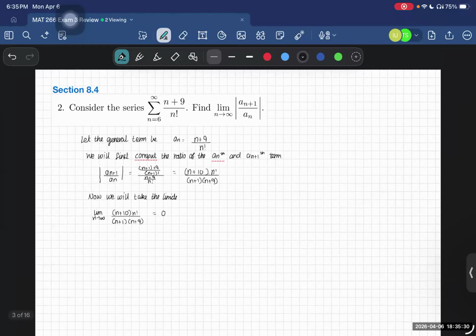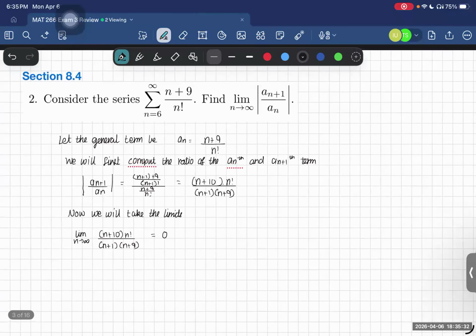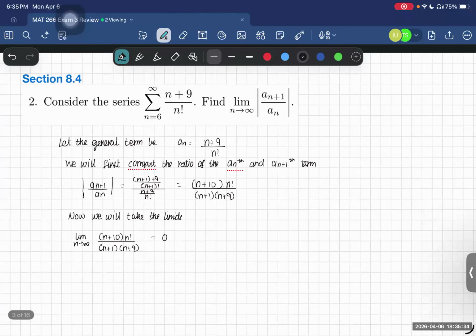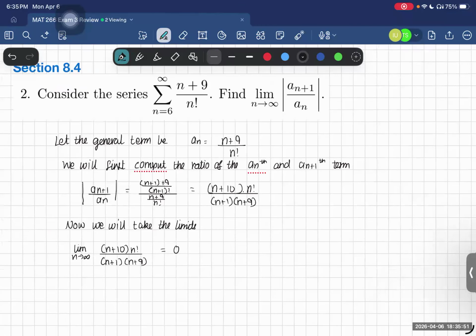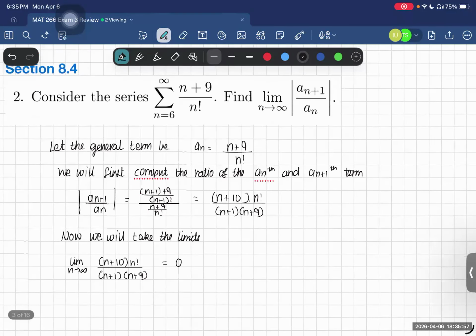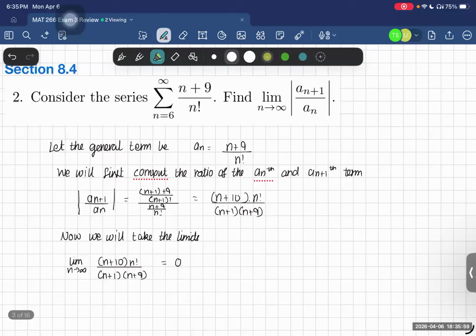Okay. So the first one, I've kind of done it earlier. Let's see. Consider the series summation n equals 6 to infinity of (n plus 9) divided by n factorial, and they have asked us to find the limit as n tends to infinity of a_(n+1) over a_n. So first, what we do is let the general term be a_n, which is (n plus 9) divided by n factorial.